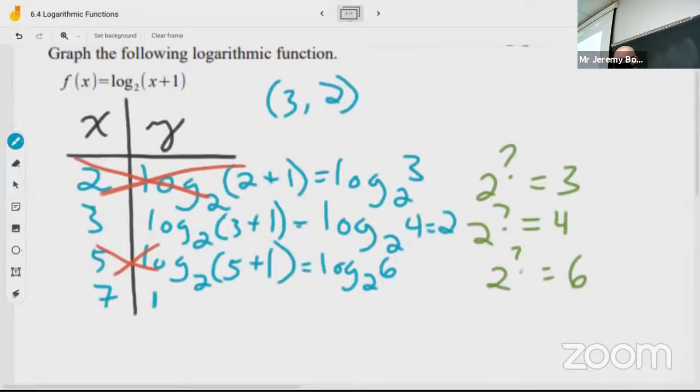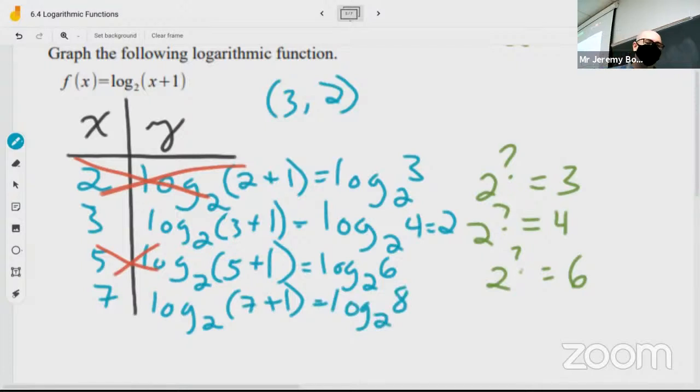So we're going to do log base 2 of 7 plus 1, which is going to be log base 2 of 8. What exponent do I need to apply to 2 to get 8? 3. So I know I have another point, 7 comma 3.